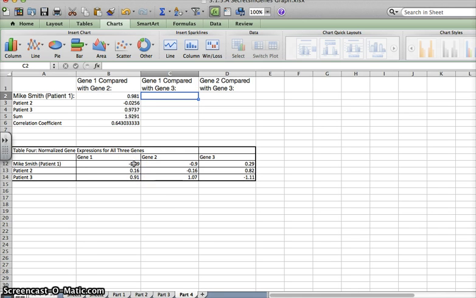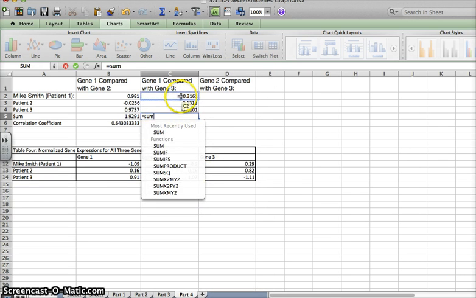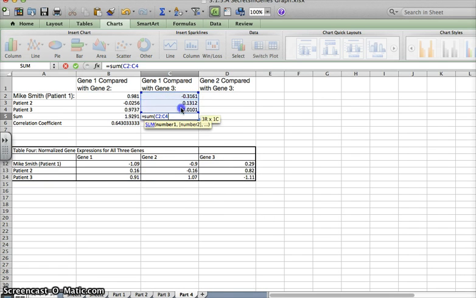So equals gene 1 times gene 3 this time, equals gene 1 times gene 3, equals gene 1 times gene 3, equals sum. And we want the sum of these, and then we want to take that number and divide it by 3.